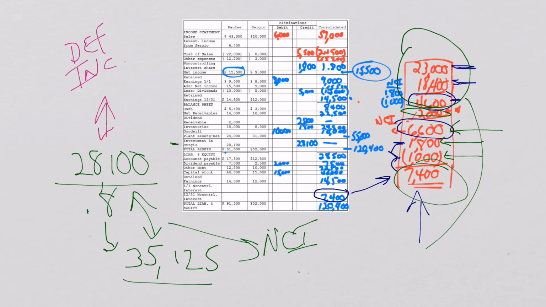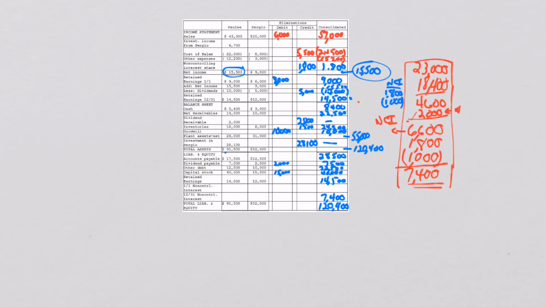But one thing we can always do is look at the mathematics and find out that it works. So let's do that. Take the 28,100, that's the investment. The deferred income for that year turned out to be the amount of $1,500.